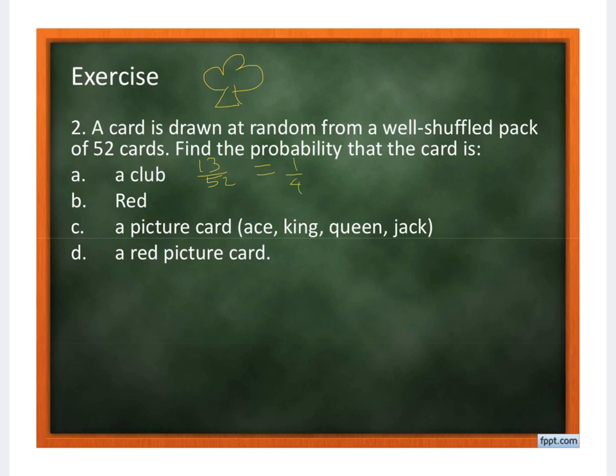For B, find the probability that the card is red. There are 26 red cards over sample space 52, so it's 1/2.